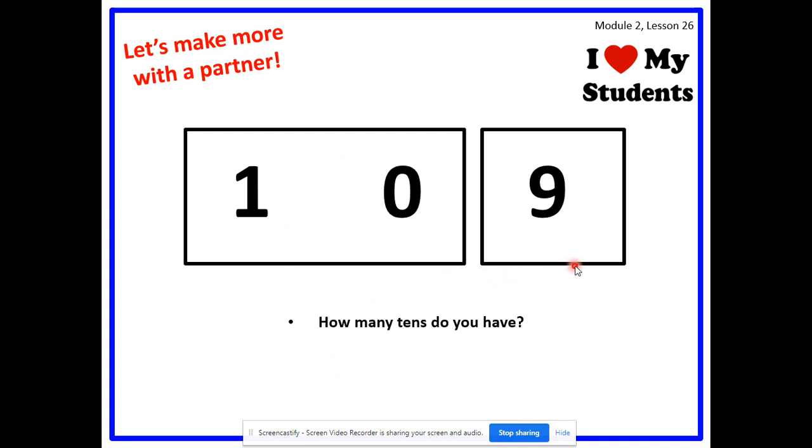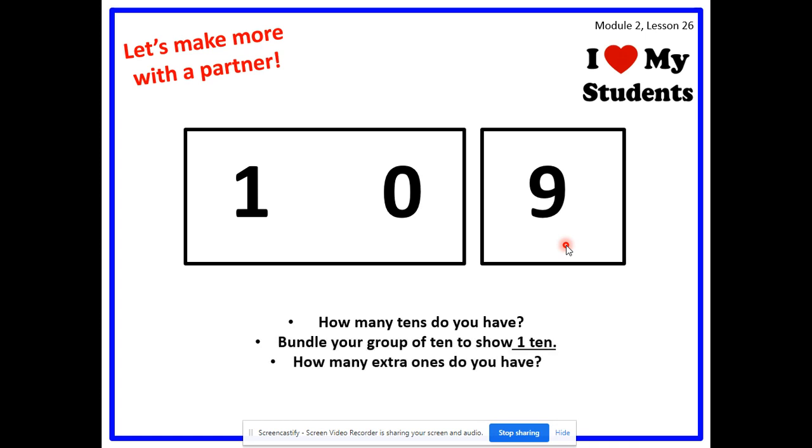And how many extra ones or imaginary fingers do we have? Get ready. Yes, we have 9. So we call these 9 ones since they're all apart and we can count them one by one. Since we can't make another group of 10, we call them ones.